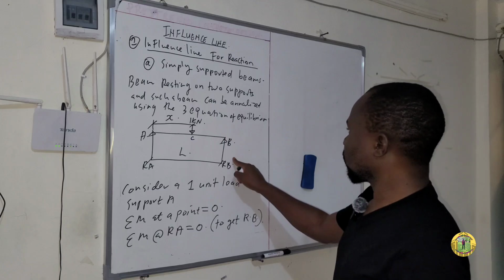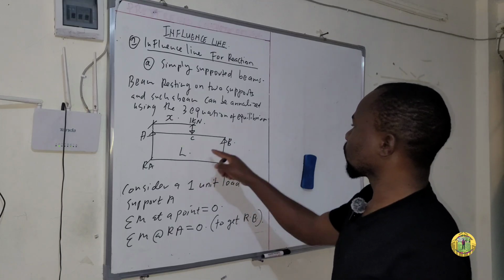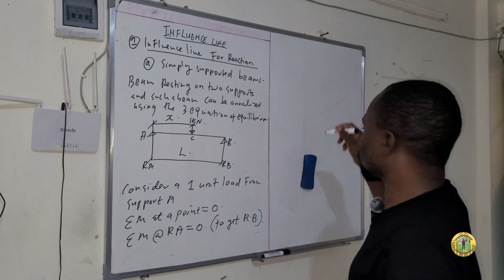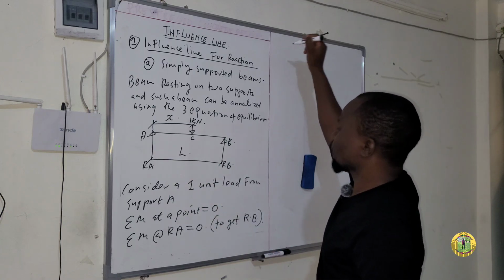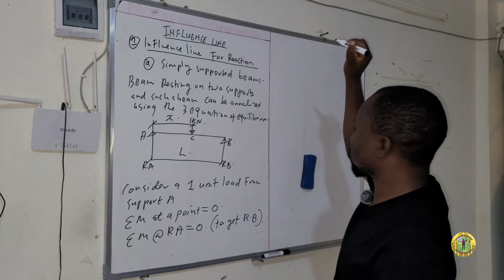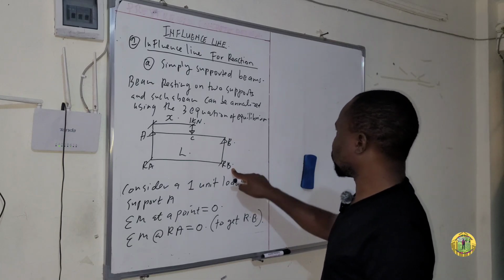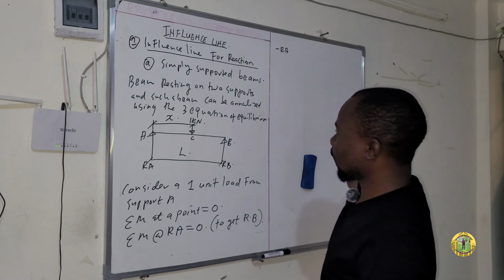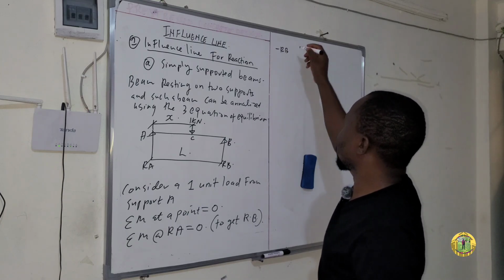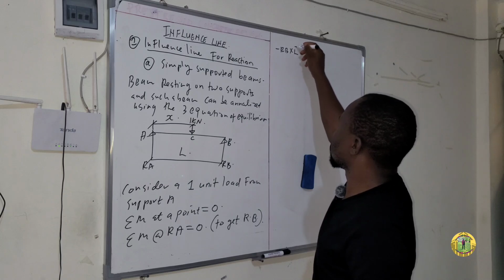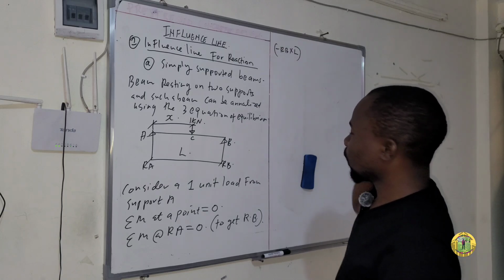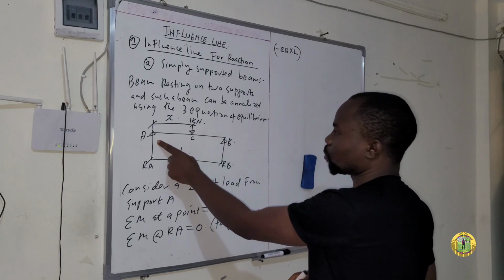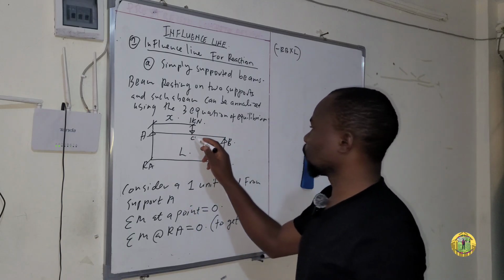RB is moving in anti-clockwise direction in reference to point A. Because a moment is equal to force times perpendicular distance, and reaction B is a force, you will say minus RB, because it is moving in anti-clockwise direction, times L. Then you close the bracket, and we come to this 1 unit load. In which direction is it moving in reference to point A? It is moving this way. This is clockwise.